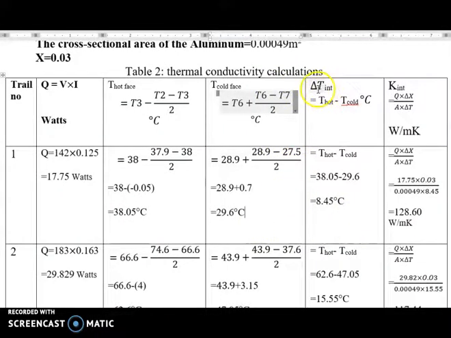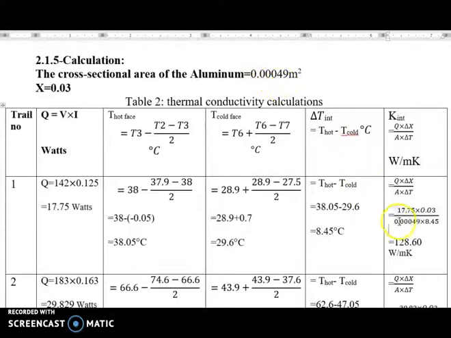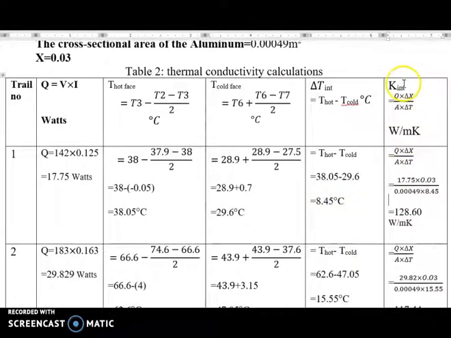The formula to calculate delta T is T hot minus T cold. Once you get delta T, you know the value of Q from here, and you know delta X, which is 0.03 here. The area is also given, 0.0049, and delta T is from here. Use these values to calculate K_int.